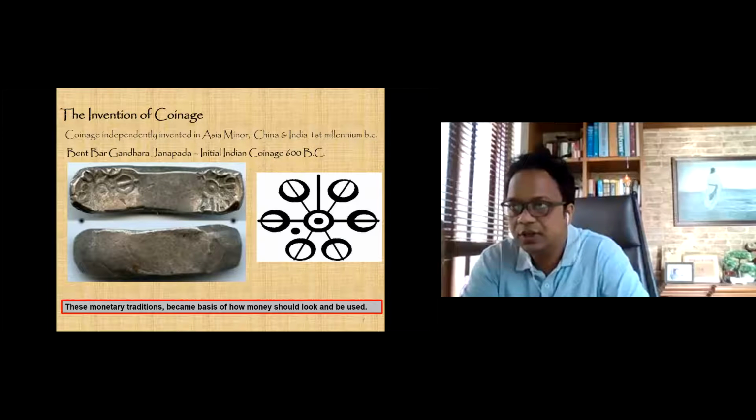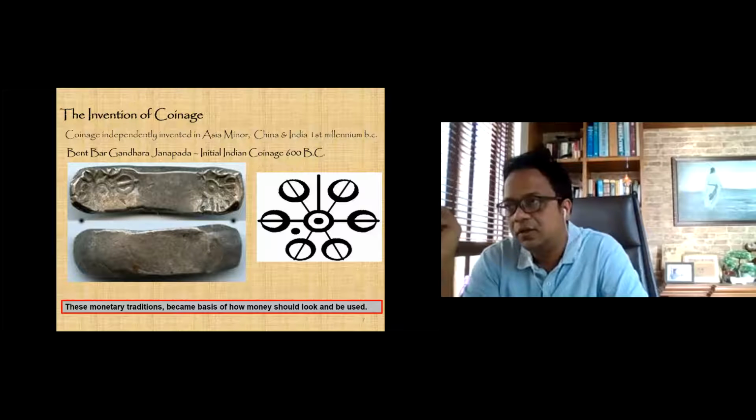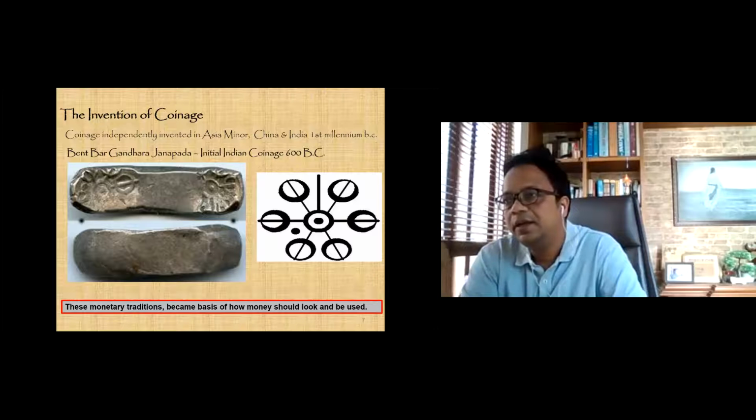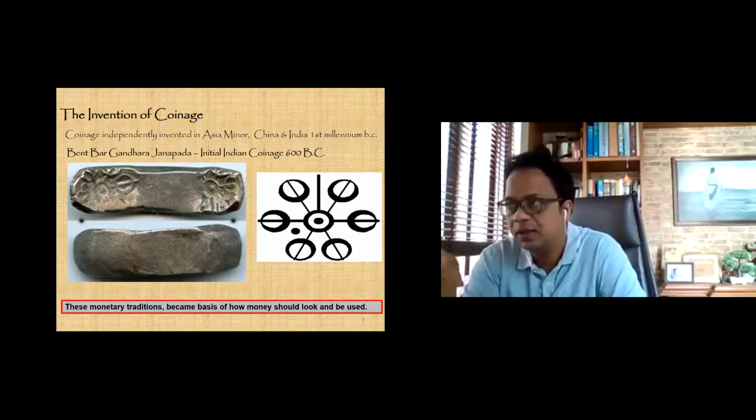The first coin in India is called a bent bar, that you see on the screen right now, and it is from a city-state kind of system that we had at that time, called a Janapada, where people are really electing the ruler, right? And it comes from a place called Gandhara. So it is called the bent bar from Gandhara. The first coin comes in 600 BC.